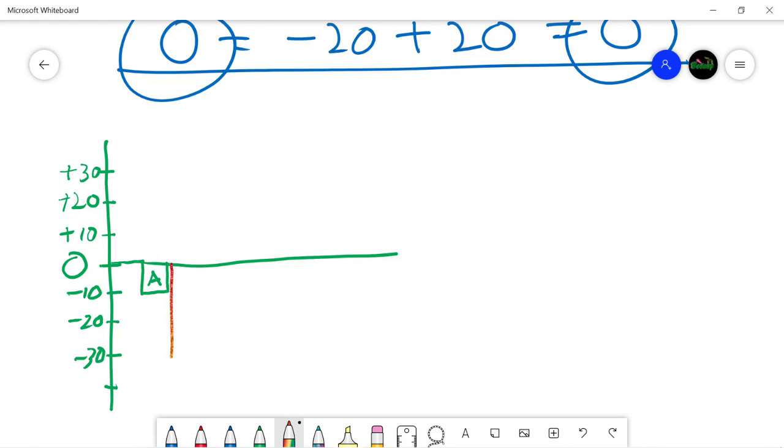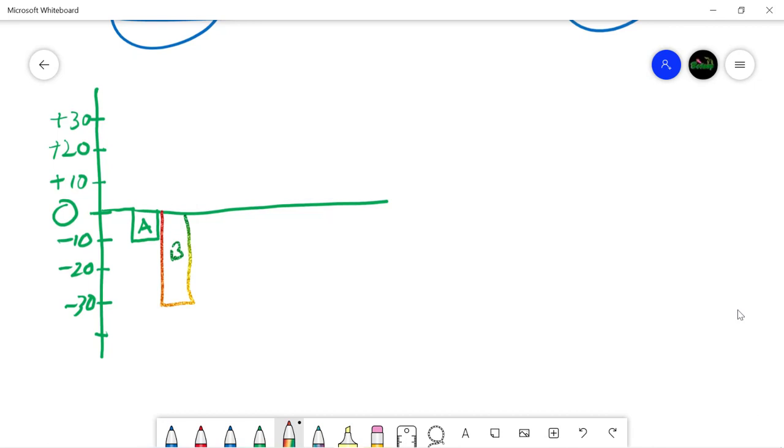So this is B. So we have solution A and solution B, one with a water potential of minus 10 bar and B with a water potential of minus 30 bars.